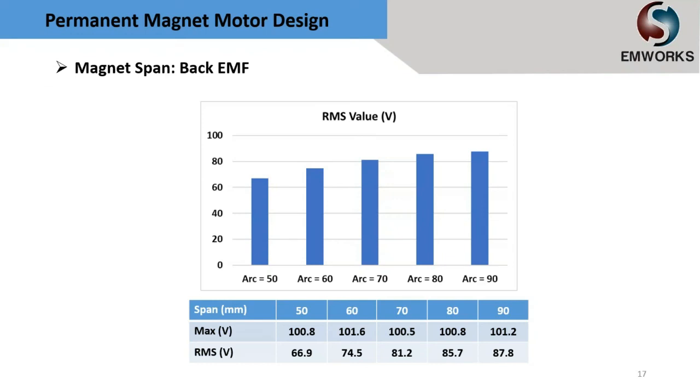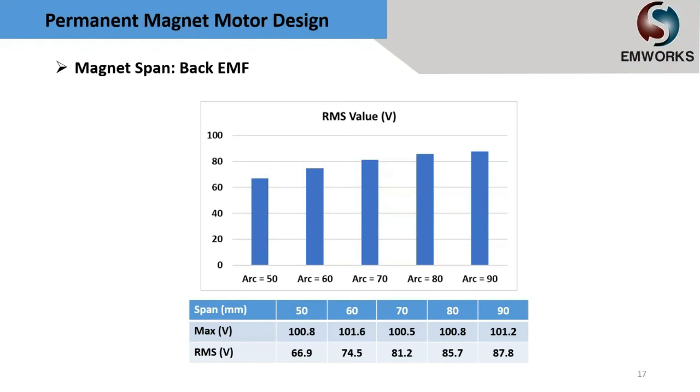But the RMS value of these five waveforms is different. If you can see here, the magnetic span of 50 degrees has an RMS value of around 67 volts, while the RMS value for the 80 degrees is 85 volts, which is quite different, at least 16 volts different.